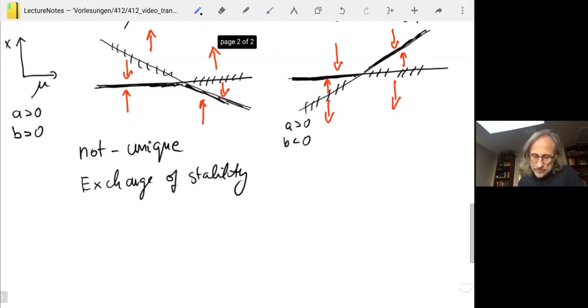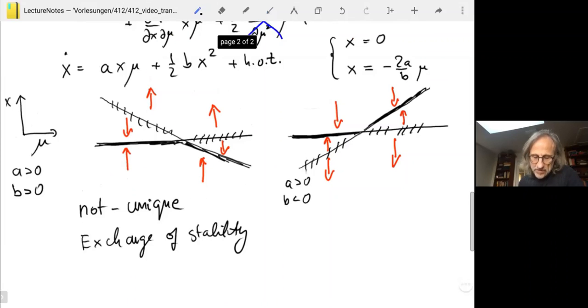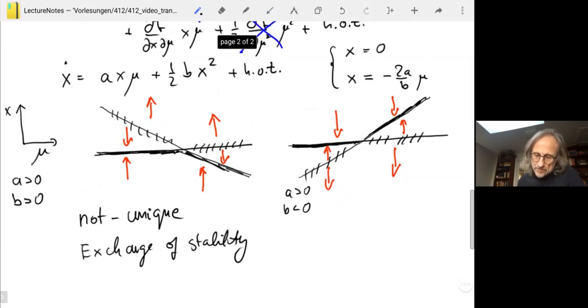There's also another feature I want to mention here. You see here, this branch, x equals 0, is linearly stable. And so if you start in this wedge here, the solution would approach that fixed point. Good.